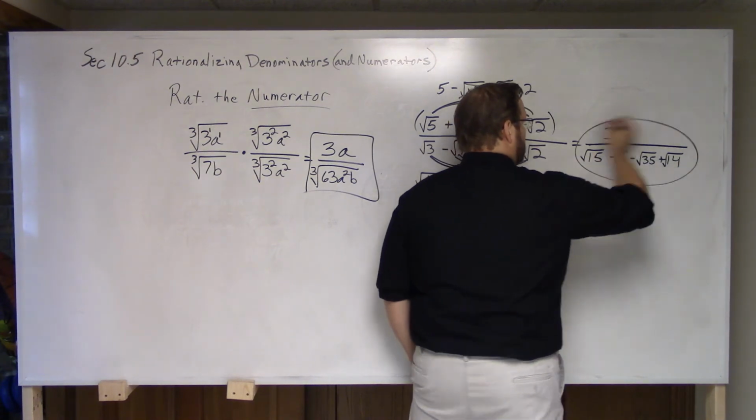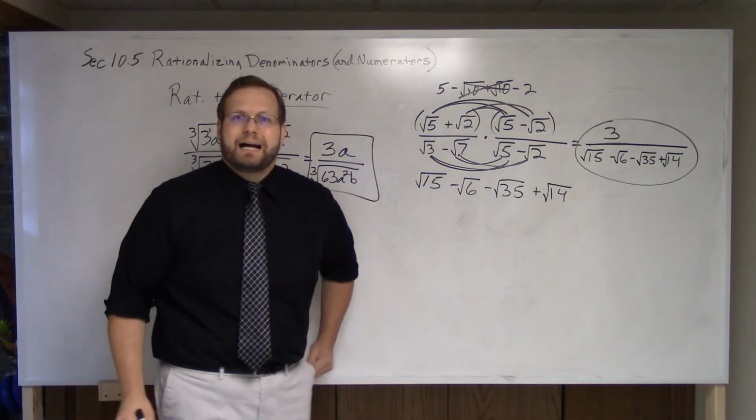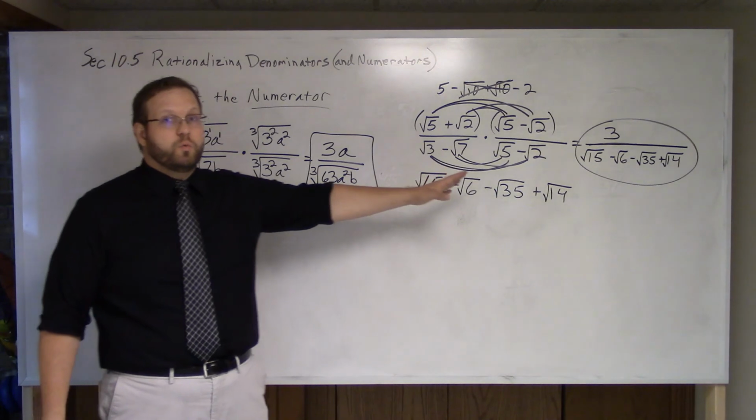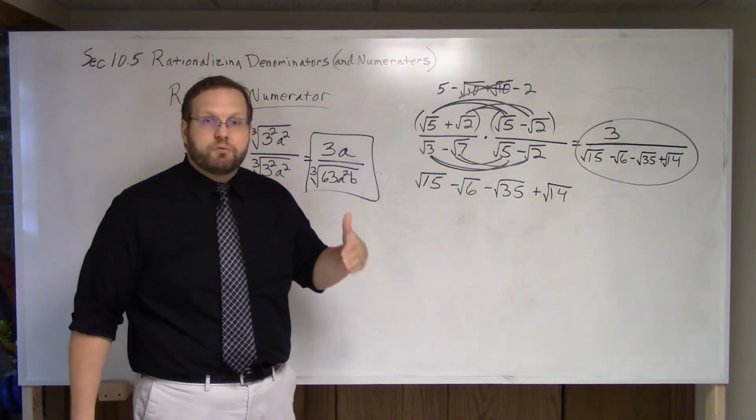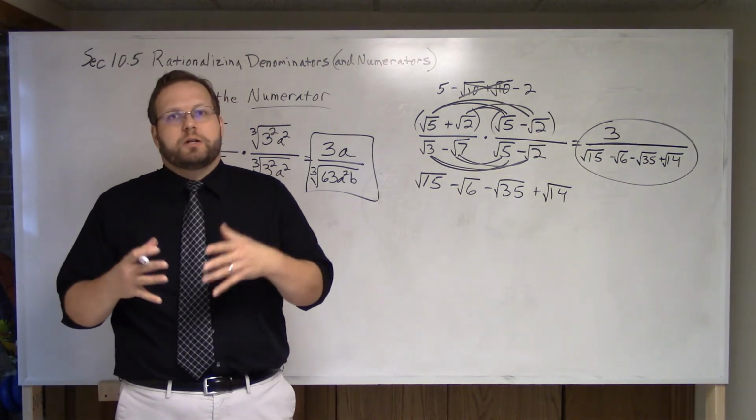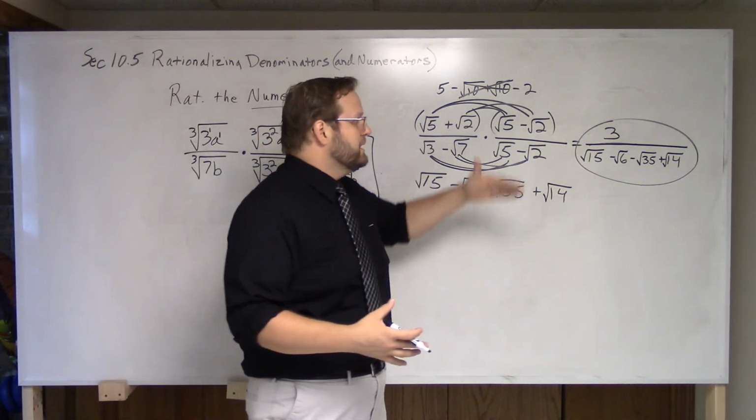And that would be my final answer. Again, after you do a bunch of these, that's going to look weird to you because I want you to have ingrained in your head, never leave a radical in the bottom. But they do want to show you that it is a possibility that sometimes you want to clean it up on the top.